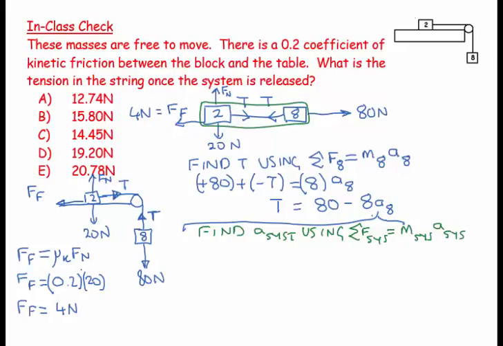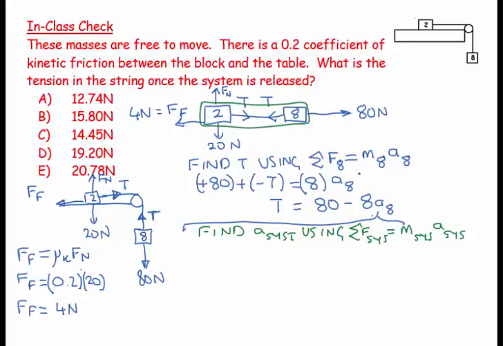So the acceleration of the 8 is the same as the acceleration of the 2 is the same as the acceleration of the system. If it wasn't, these guys would get closer together or further apart because they had different velocities, and they don't.